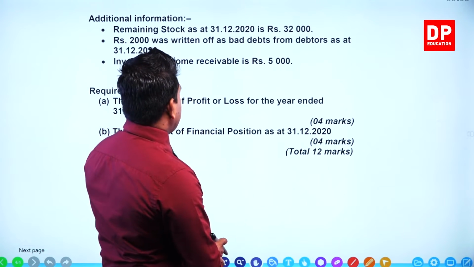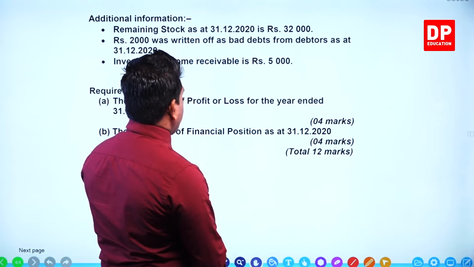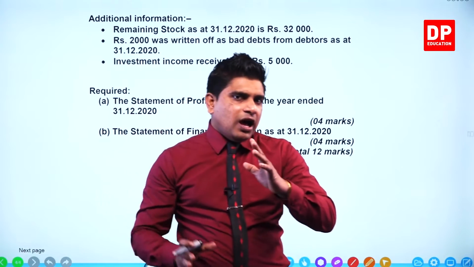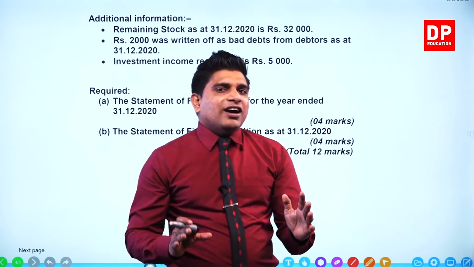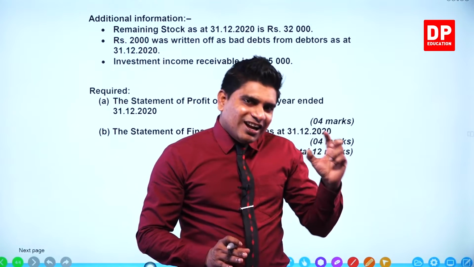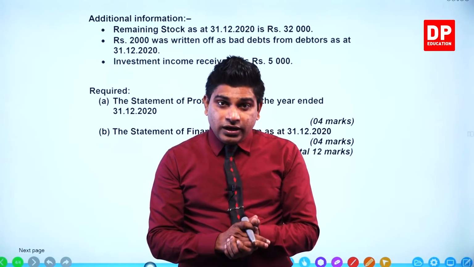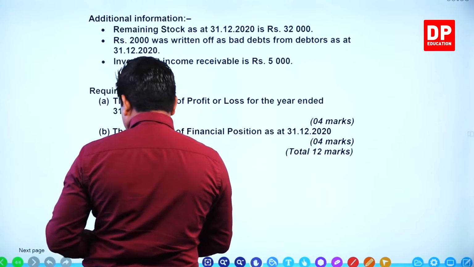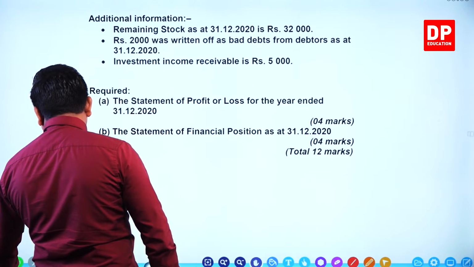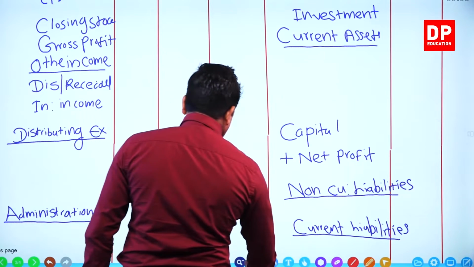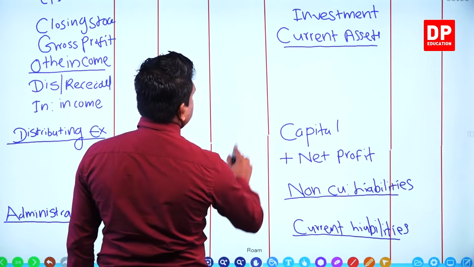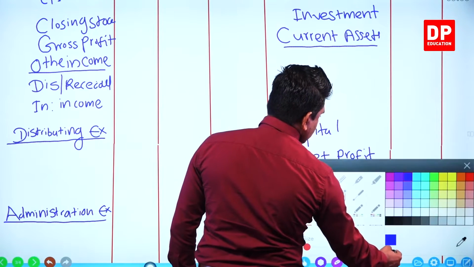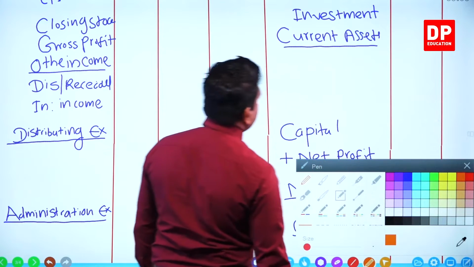Remaining in stock as at 31st December 2020 is 32,000. Closing stock we write in 2 places, where and where? Under the current assets we write, and the other place is to calculate cost of sales, right? Then write down. Under the current assets you write, here I change the color, it's easy to understand for you, right?